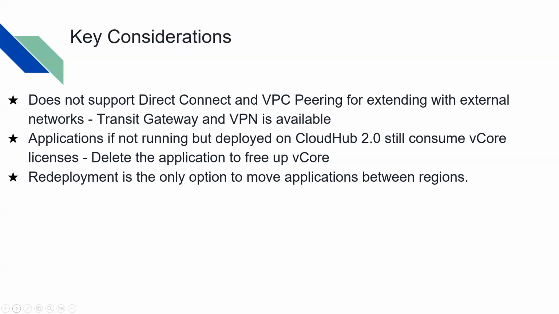You need to redeploy the code to the target region, and then come back and delete the application from North Virginia. So once it's deployed, you cannot move the application from one region to another region.